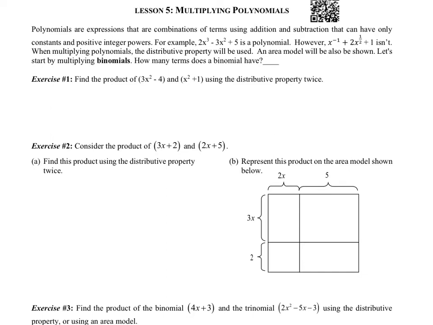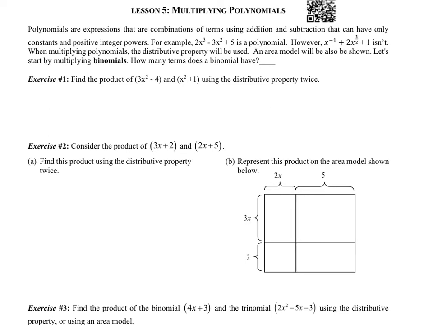Let's start by multiplying binomials. How many terms does a binomial have? Well, BI, like for bicycle, stands for 2. And if you look in the 2 examples in exercise 1, a subtraction sign separates the terms in the first binomial. There's 2 terms there. In the second binomial, the terms are being separated by an addition sign, but there are 2 terms there.